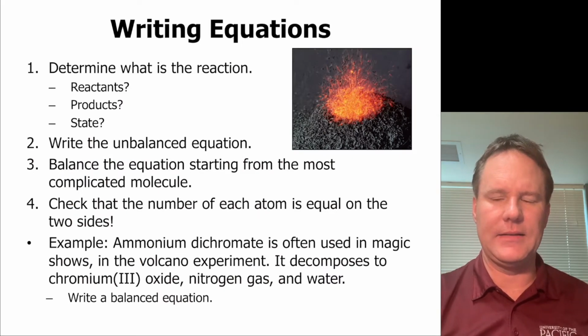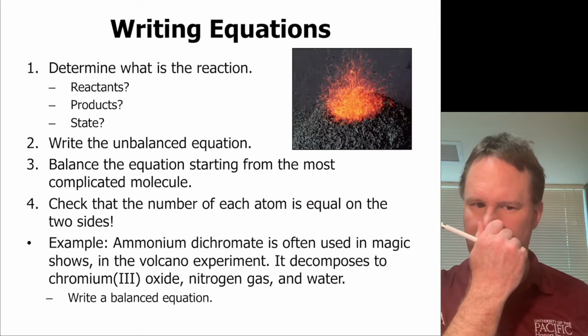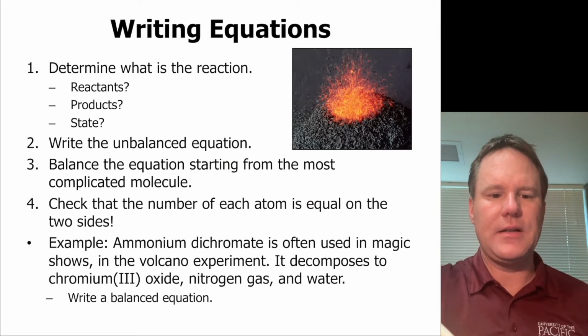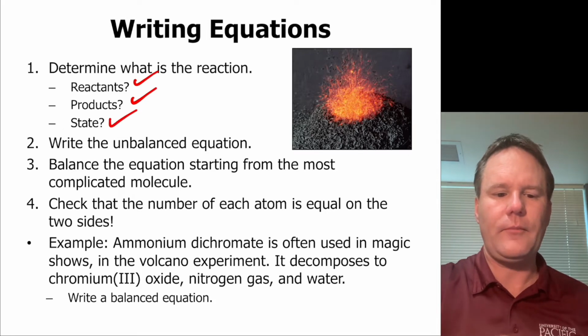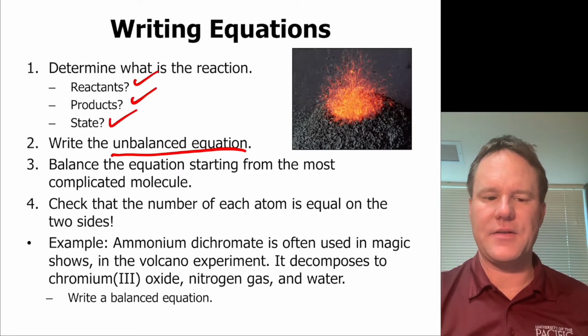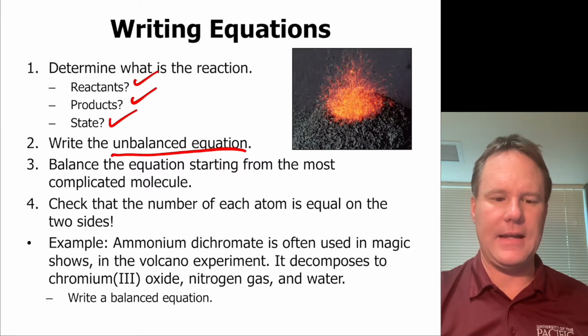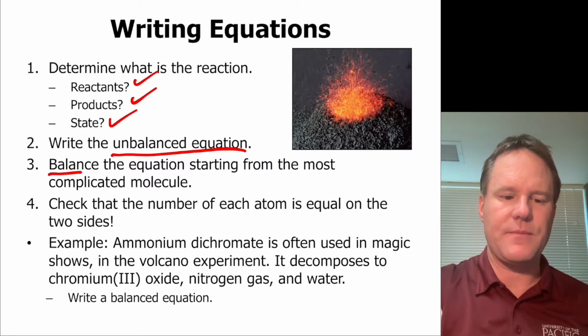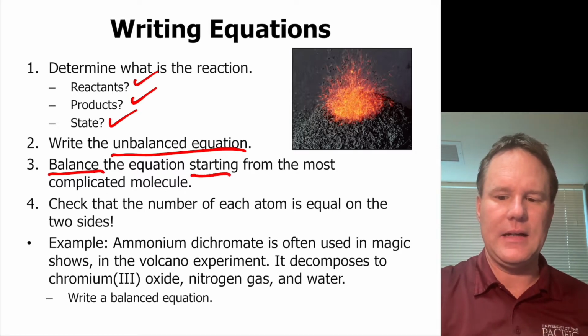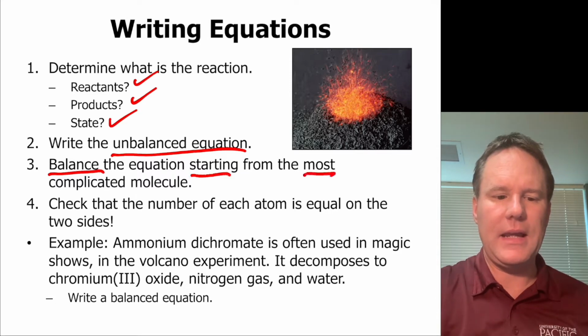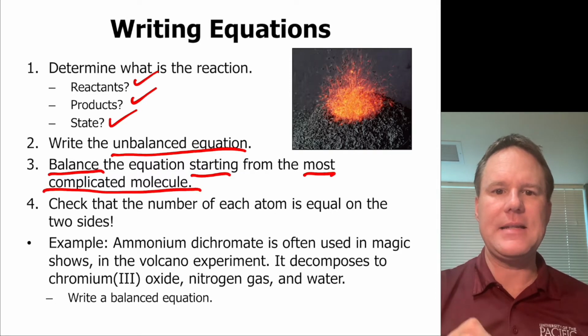What is then the whole procedure for writing reactions? You determine what the reactants and products are, what state they are in, and then with that you write an unbalanced equation. And you take the unbalanced equation and then balance it. Now, the best way to do it is start with the most complicated molecule, but the least complicated element.